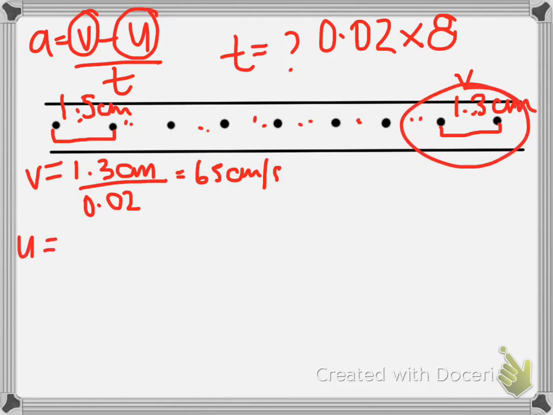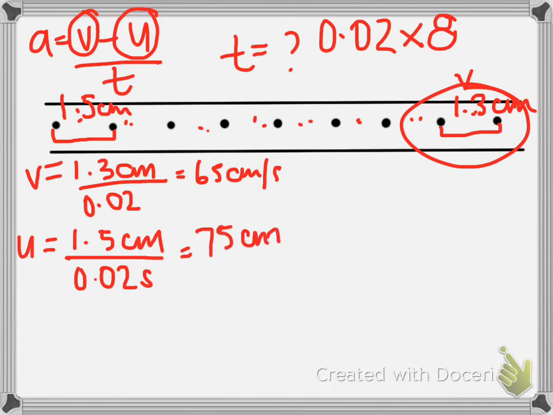U equals 1.5 centimeters divided by 0.02 seconds. So that gives you a speed of 75 centimeters per second. So if T equals 0.02 times 8, then that gives you a time of 0.16 seconds.